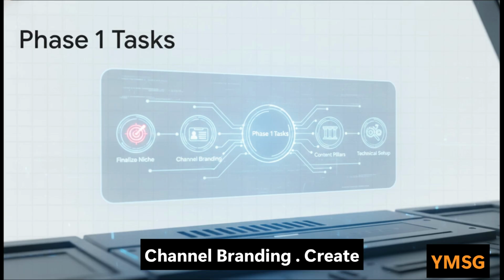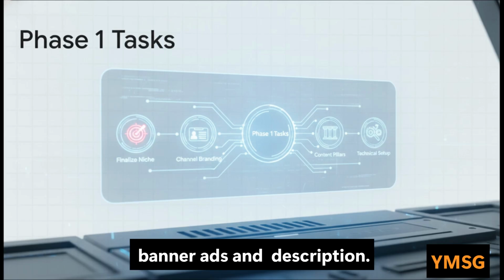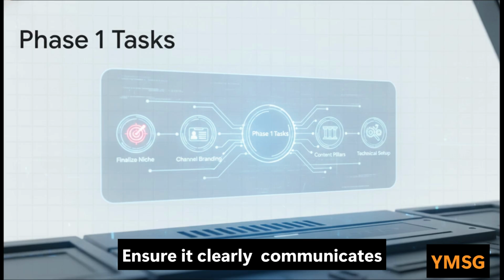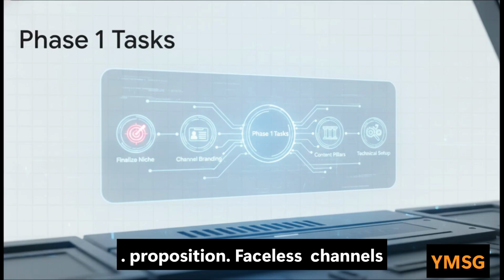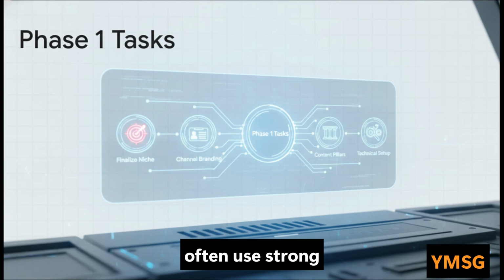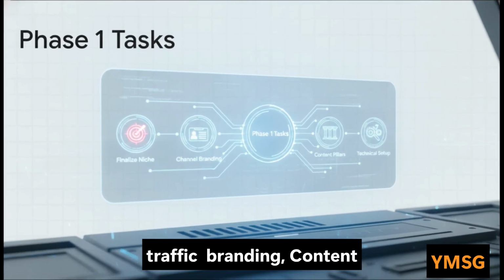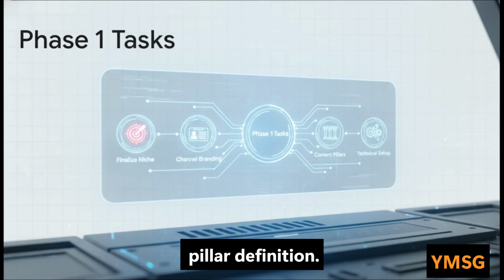Channel branding. Create your channel name, logo, banner art, and description. Ensure it clearly communicates your niche and value proposition. Faceless channels often use strong graphic branding. Content pillar definition.